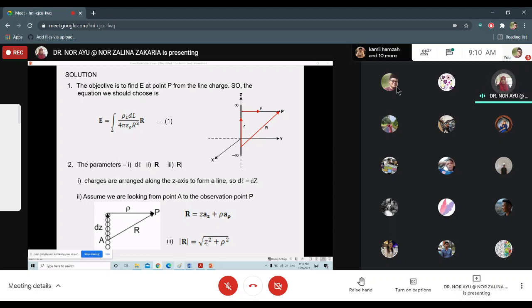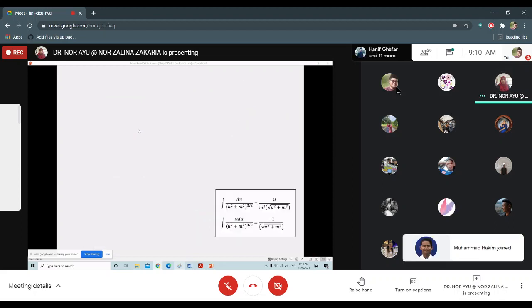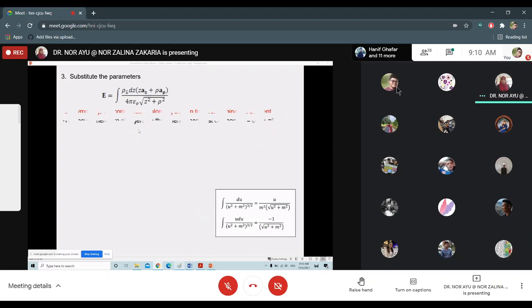So Z and rho square, and square root kan dia. Okay. So bila dah dapat all these thing, kamu kena substitute back inside the equations. Alright, so when you substitute this, it will be something like this.